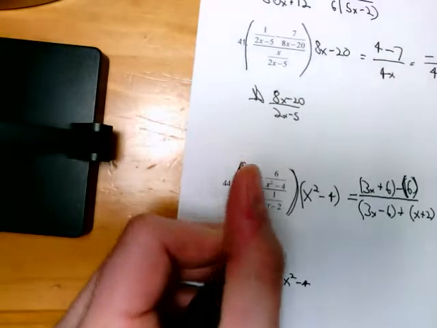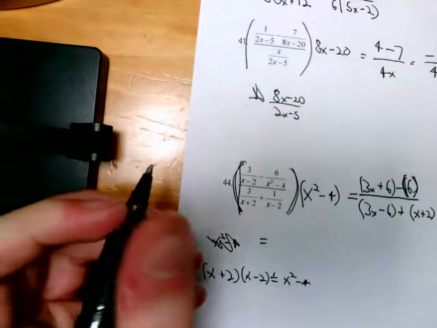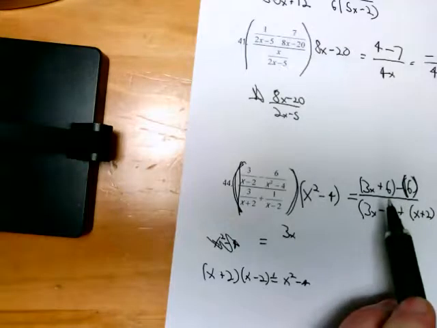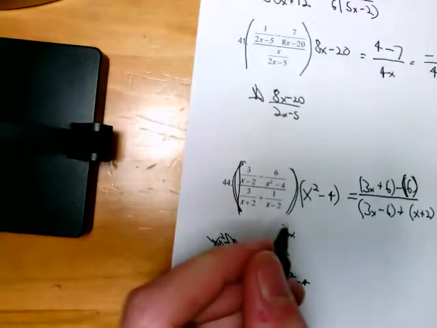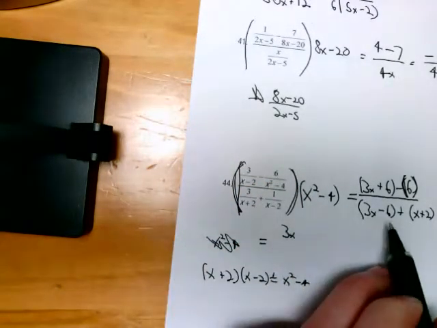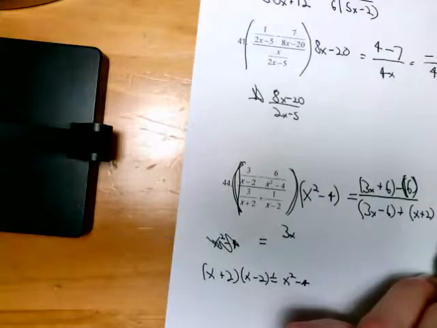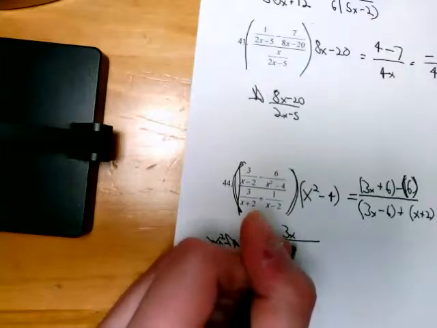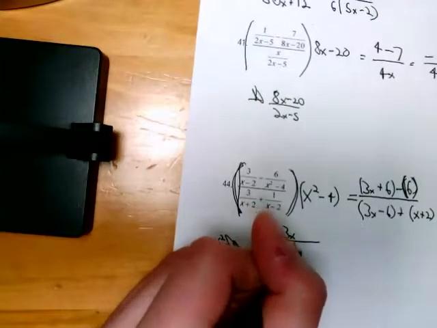Let's see if we can simplify this down any further by actually adding this. We're going to do the denominator first. 3x plus 6 minus 6 is just 3x over 3x minus 6 plus x plus 2. So that's going to be 4x minus 4.